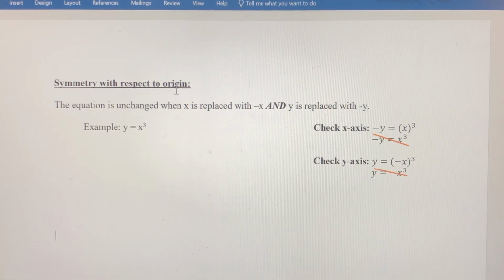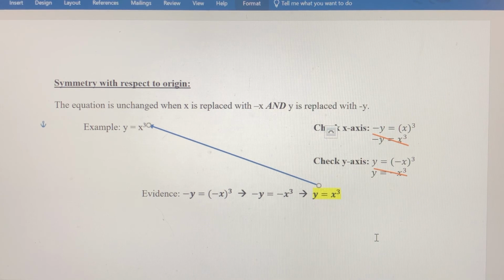I told you this one had origin symmetry, so let's replace x with negative x and y with negative y. That gives me negative y equals negative x cubed, and if I divide both sides by negative 1, I get y equals x cubed, which matches the equation I started with. So this equation has origin symmetry.